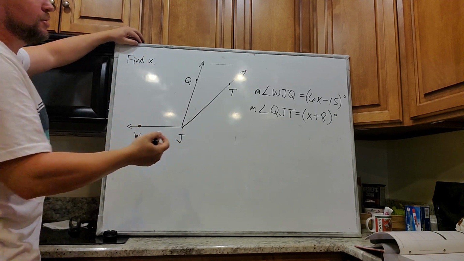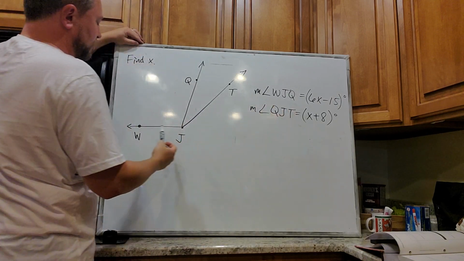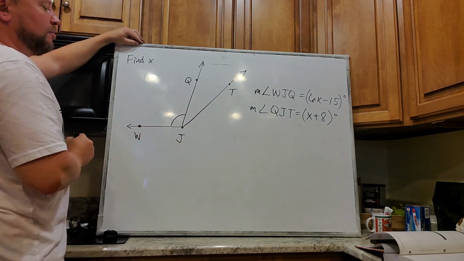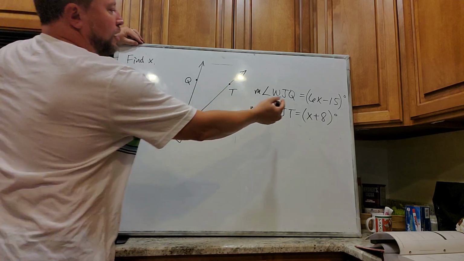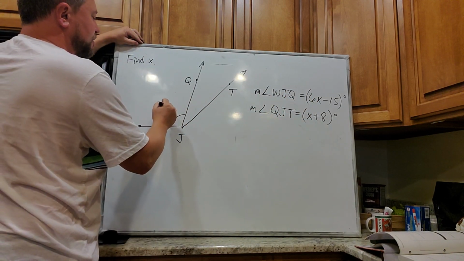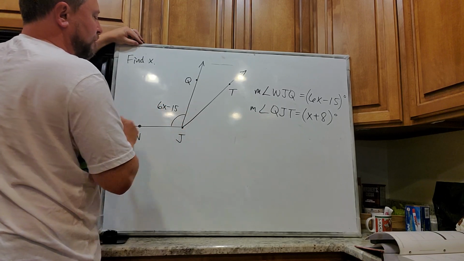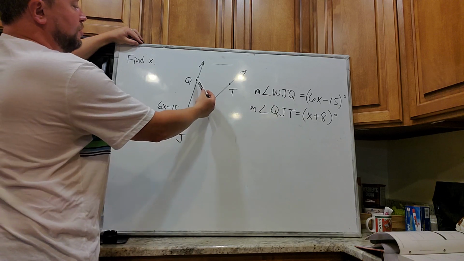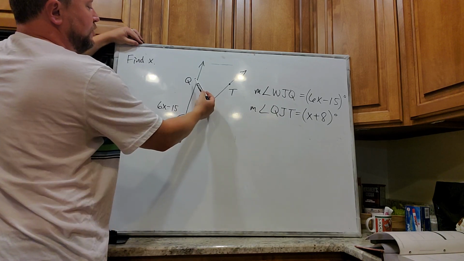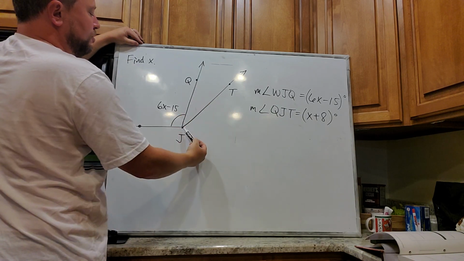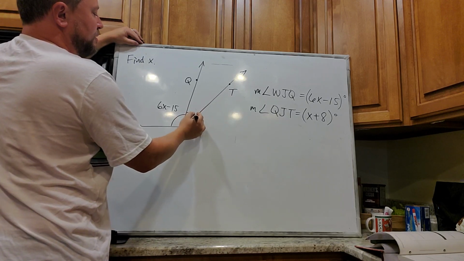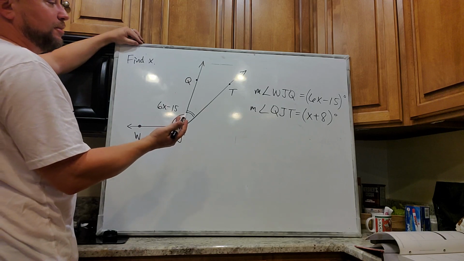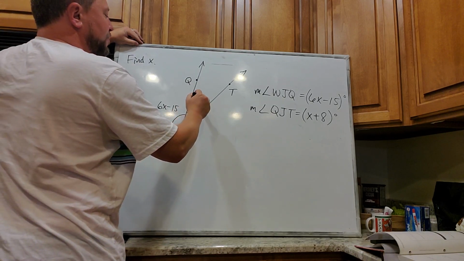Okay, if you look at our picture then, WJQ, that angle, WJQ, goes from here to here. Looks like a rather large angle. They say it's going to be the 6x minus 15 part. And then QJT is the other angle they give us information about. QJT, if you follow it in that order again, you'll see that's the angle right beside it here. Okay, the two angles are adjacent, like we mentioned earlier, side by side.